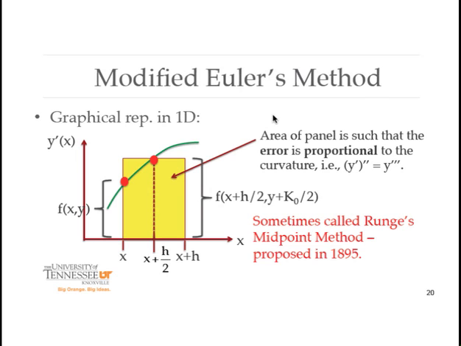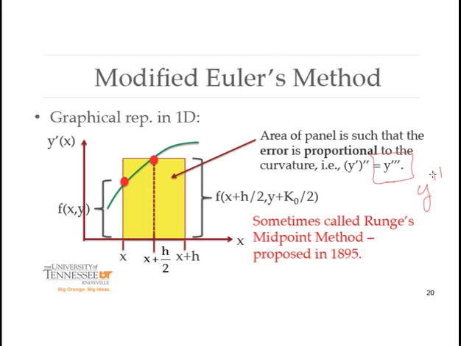So let me rephrase that. In Euler's method, that error was proportional basically to the slope, the derivative of the first derivative. Now, for the curvature, it's the second derivative of this function, where f is the same thing as y prime of x. So that's why it's proportional to the third derivative. In Euler's method, that error would be proportional to the second derivative.